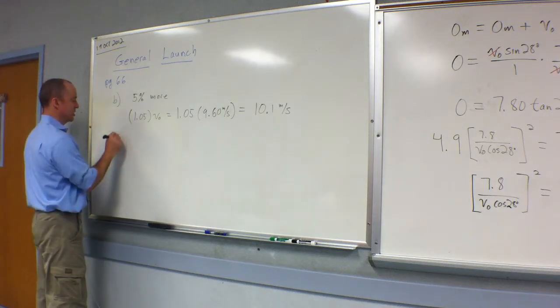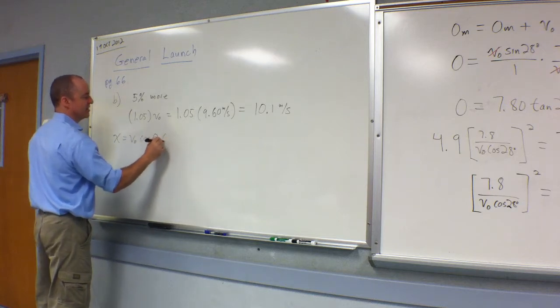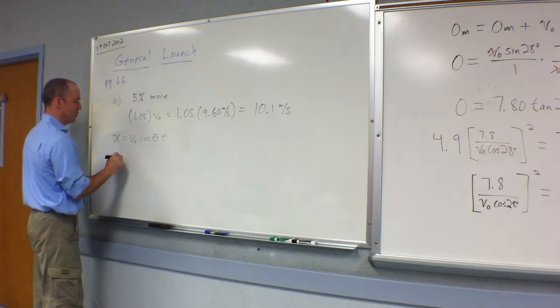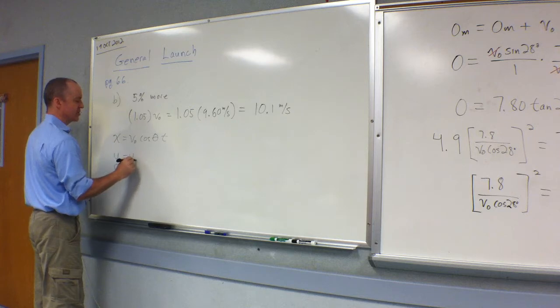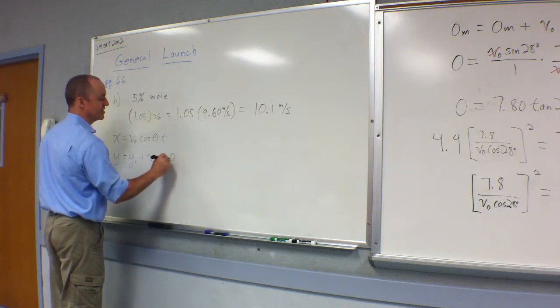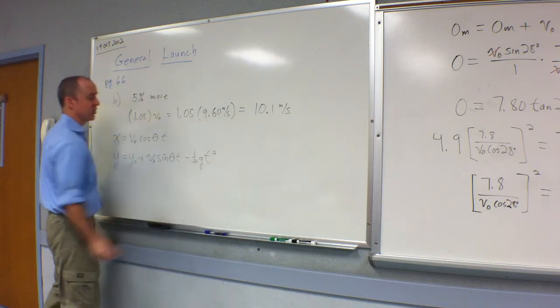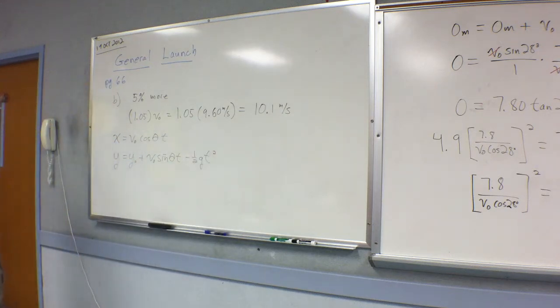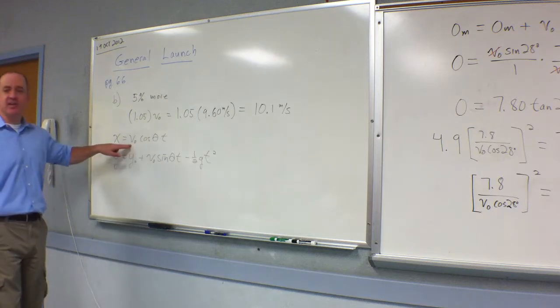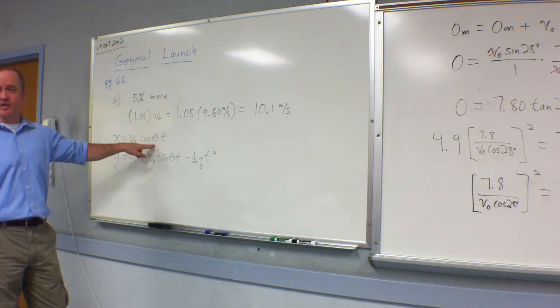Review our 2 equations here. We've got x equals v initial cosine theta times time. We've got y equals y initial plus v initial sine theta time minus 1/2 gt squared. If we plug it into here, we figure he's still leaping at a 28-degree angle, right?